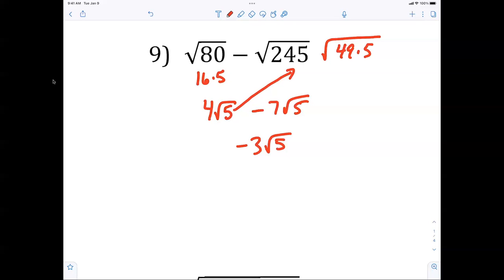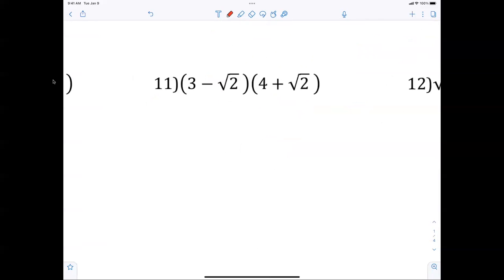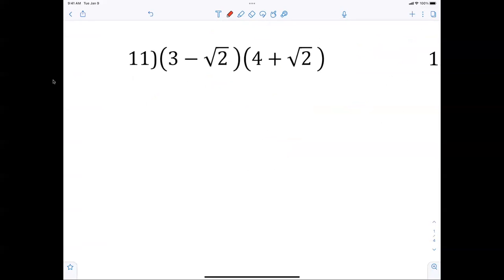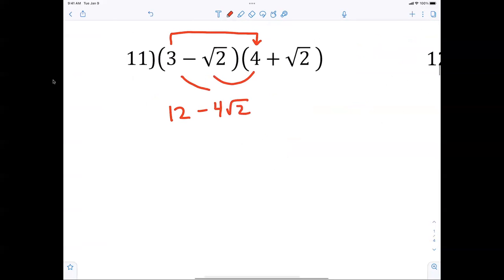Anybody? All right, so let's knock out 11, the multiplication now. So again, 3 times 4, 12, smiley face. -4 radical 2, the other smiley face. +3 radical 2.